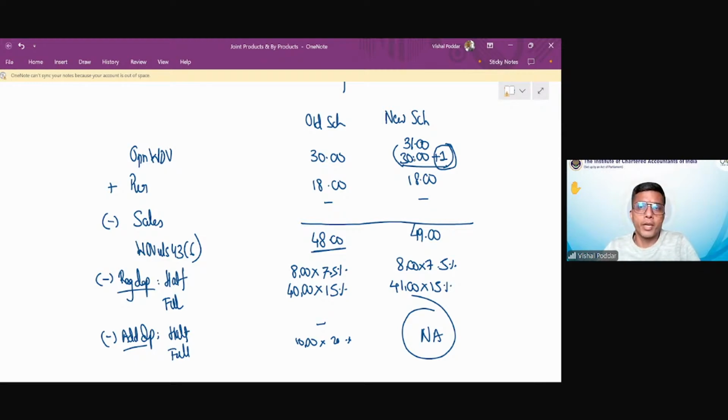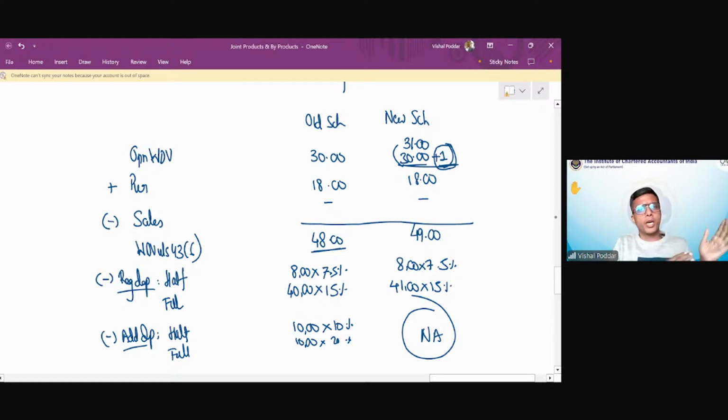So what would be the effect? The WDV given, which is obviously as per the old scheme, will be increased by the amount of depreciation that was claimed last year. And what was the additional depreciation claimed last year? 10 lakhs into 10%. Now, in this half, I will take the balance 10% of additional depreciation.